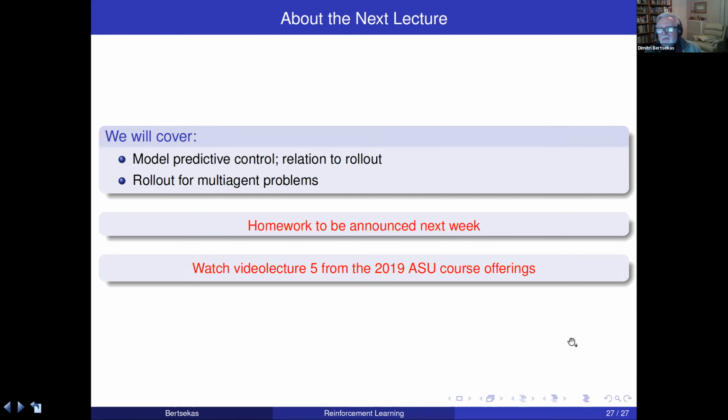In other words, you have an estimator running in the background, which estimates the state, and then it uses that estimate as if it were the exact state. So model predictive control is sometimes used in that way. But the theory of model predictive control requires that you know the state of the system. Okay, thank you.